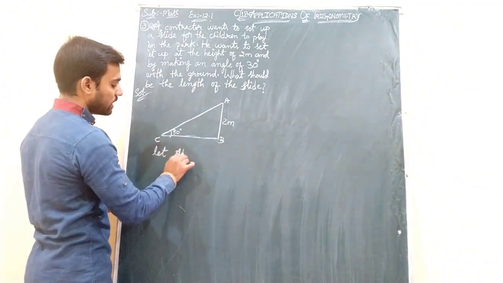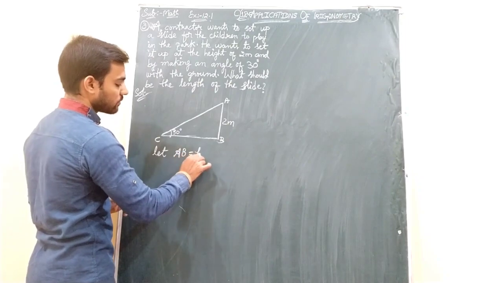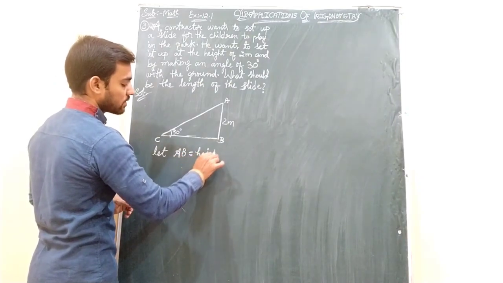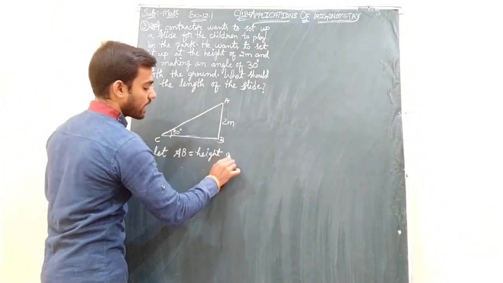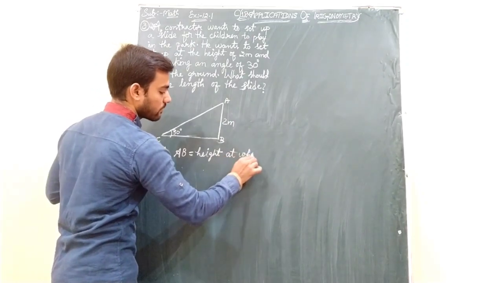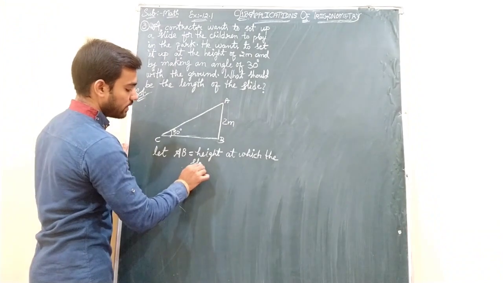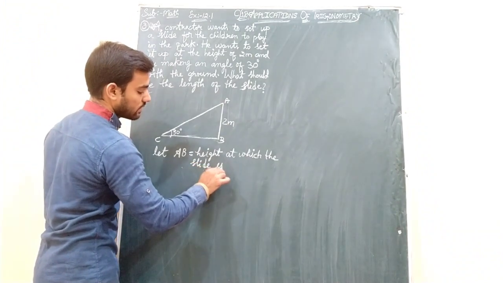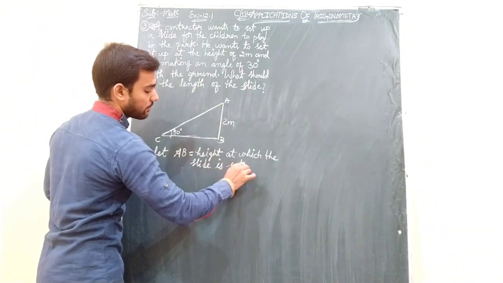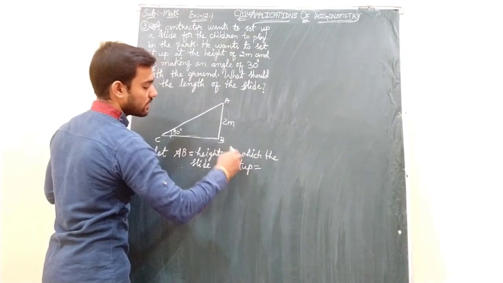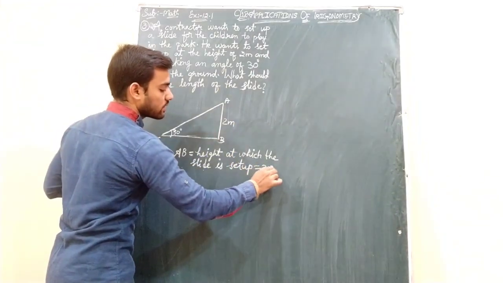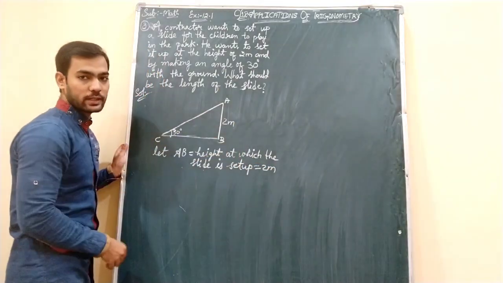Let AB is equal to height at which the slide is set up. So the slide is set up at a height of 2 meter, which is nothing but AB is 2 meter.